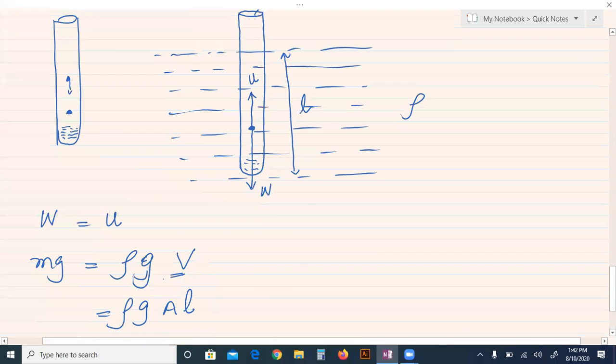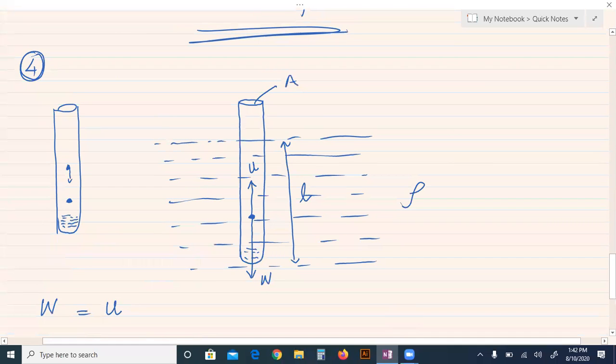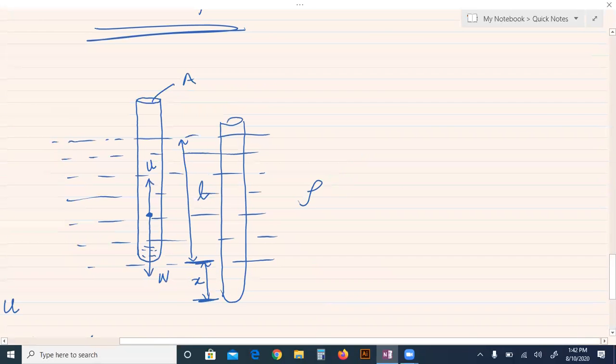But we have to oscillate it. So this test tube is further immersed into the liquid. So the extra immersed depth becomes x. Now the weight remains the same, but the upthrust increases due to increased depth.